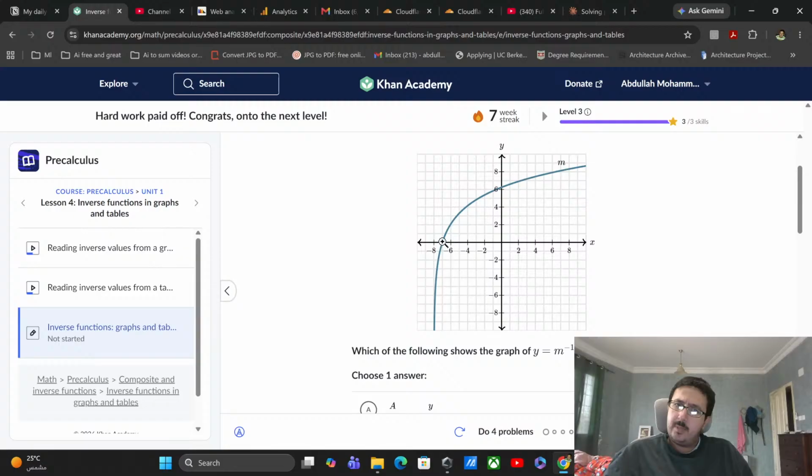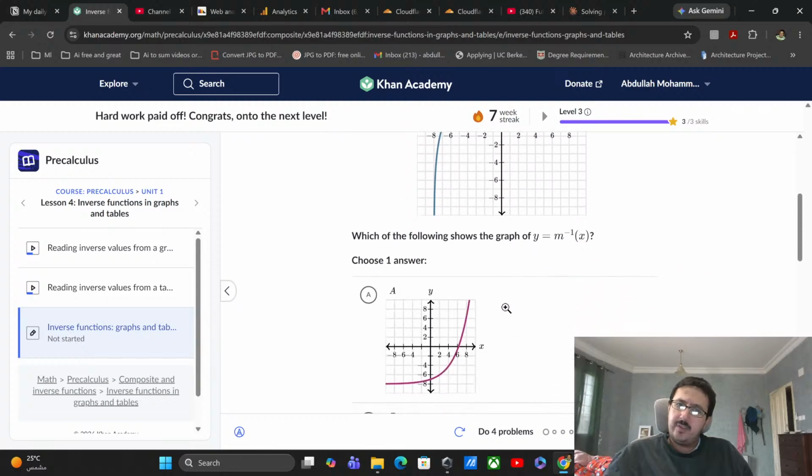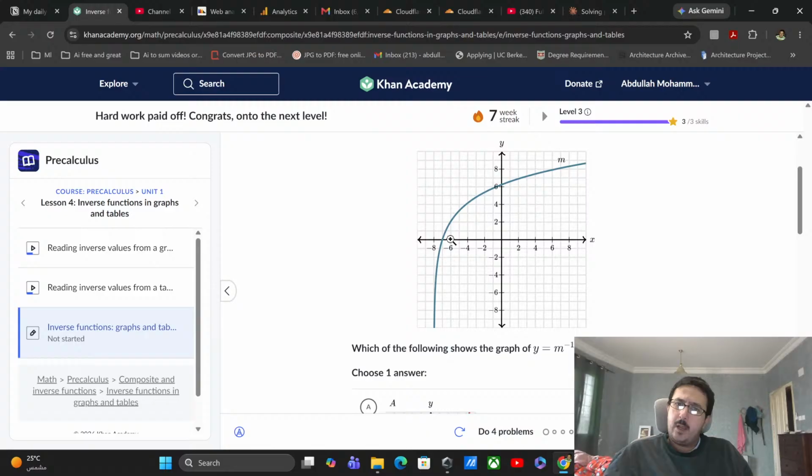Said that when -7 is 0, therefore when it's 0, it's -7 here. Okay, so it's going to go through 7. That's correct. Now, when it's -6, it's, I don't know, 2. So when it's 2, it's going to go -6 here.